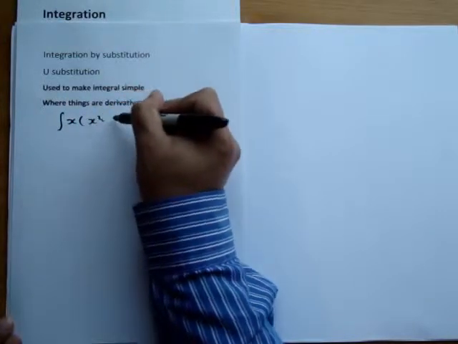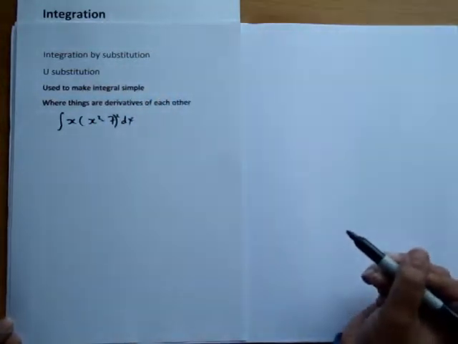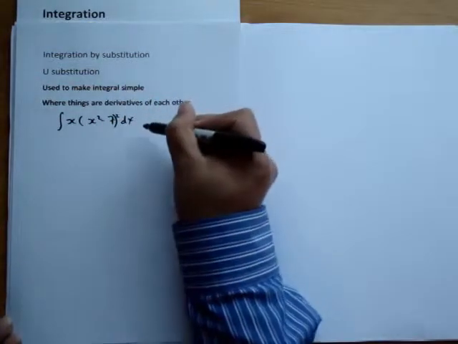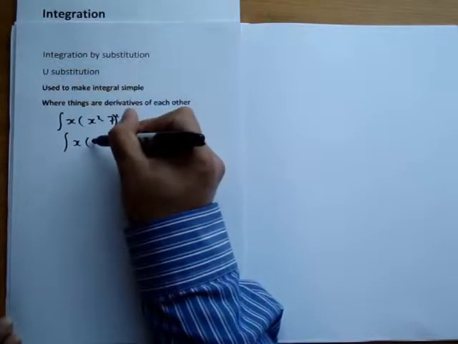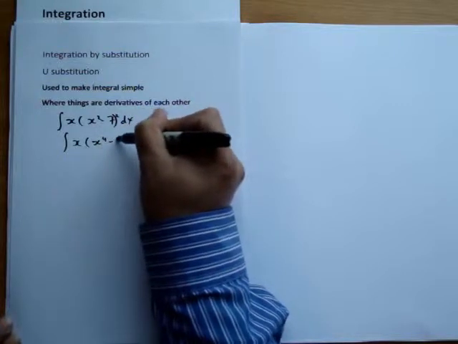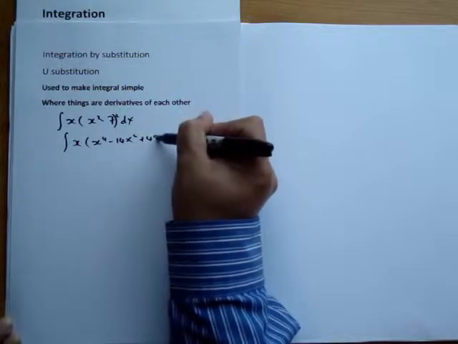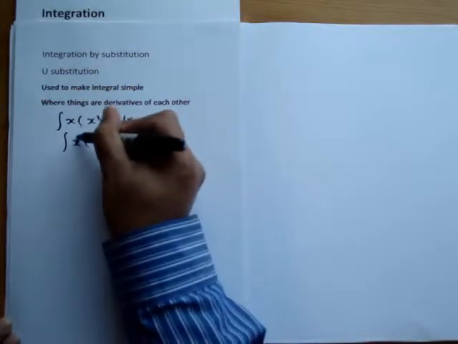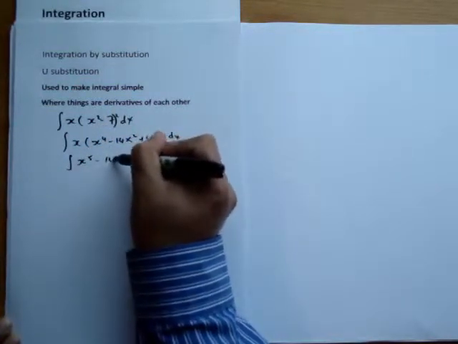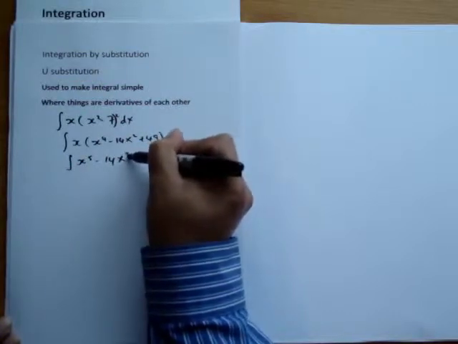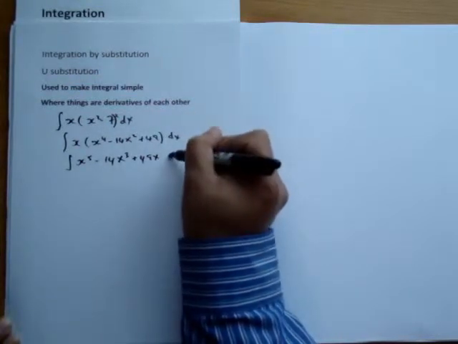(x squared minus 7) squared dx, we could do this the long way round and square what's in the brackets, so we'd get the integral of x to the 4 minus 14 x squared plus 49 dx, and then distribute the x, so we'd get the integral of x to the 5 minus 14 x cubed plus 49x dx.